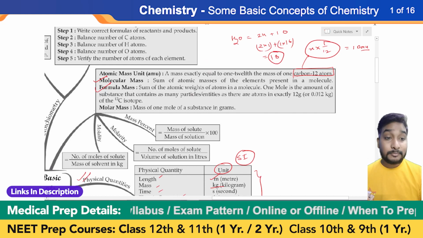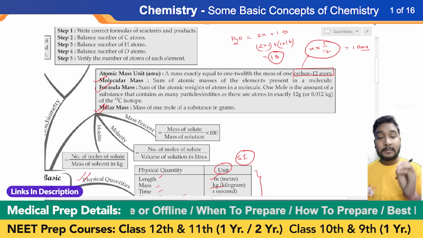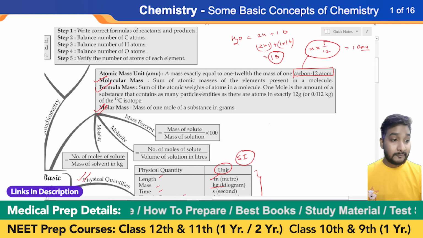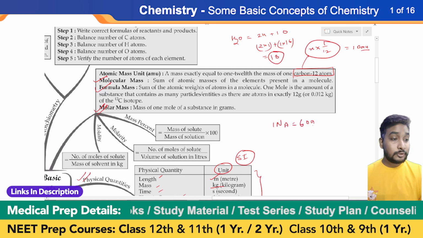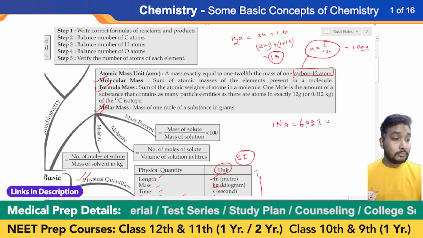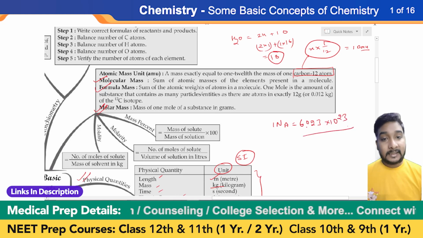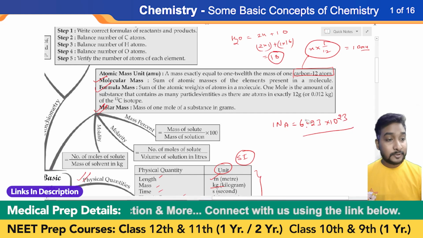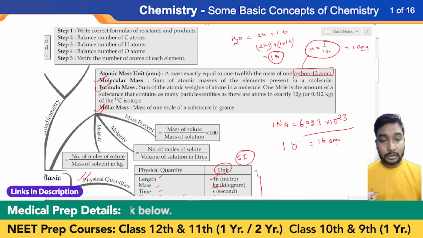Okay, now what is molar mass? If we are talking about the molecular mass, the molecular mass is the mass of one molecule. But if we are using Avogadro's number, the Avogadro number is 1 Na, please remember this value, 6.023 into 10 to the power 23. Okay, so if we are taking molecules in that number, this is a very huge number. Suppose we are taking one oxygen atom, it should be 16 AMU or u according to some books.